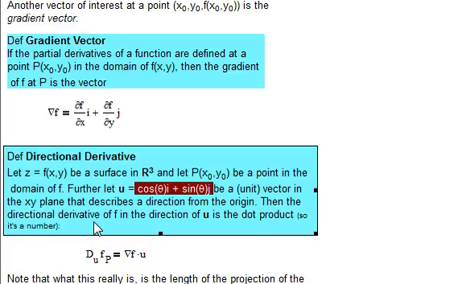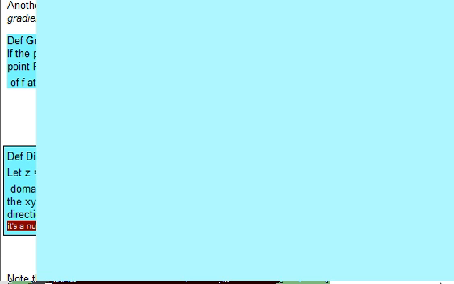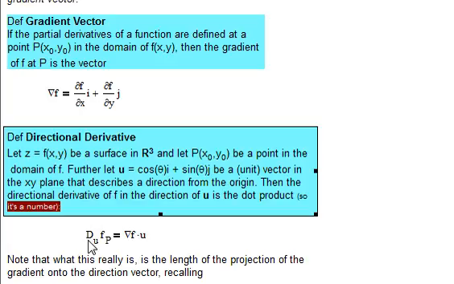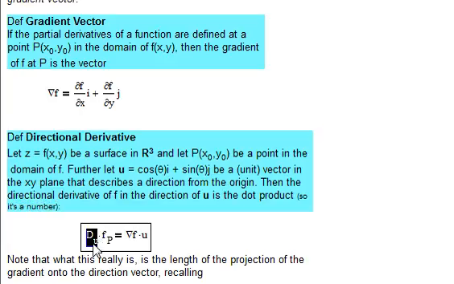Anyway, then the directional derivative of f, which is a number, is the dot product, and here it is. This means the directional derivative in the direction of u of f at the point p, and it's del f, the gradient of f, dotted with our unit vector u.